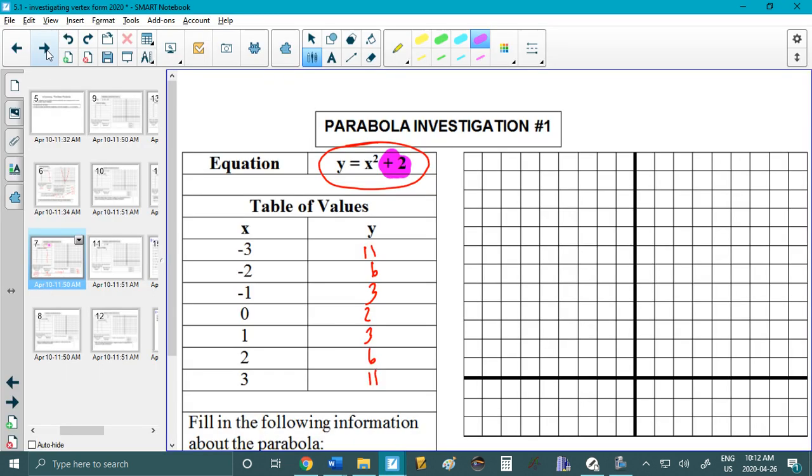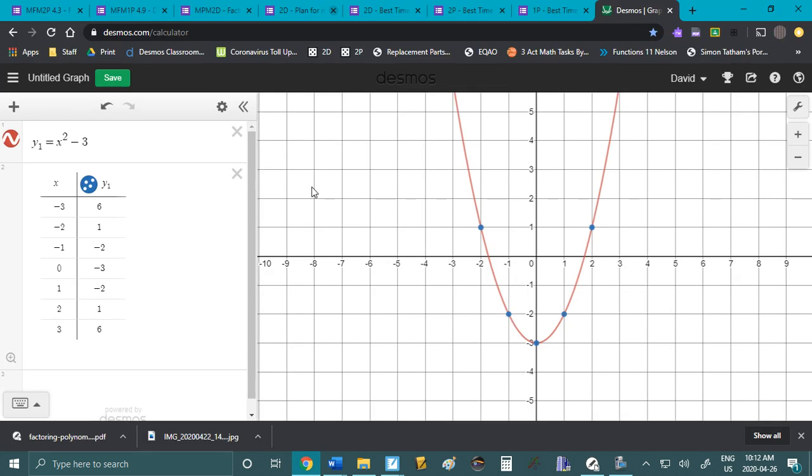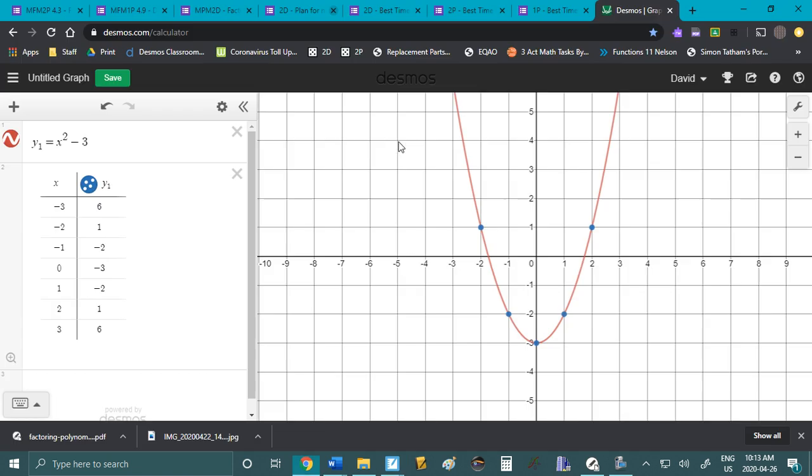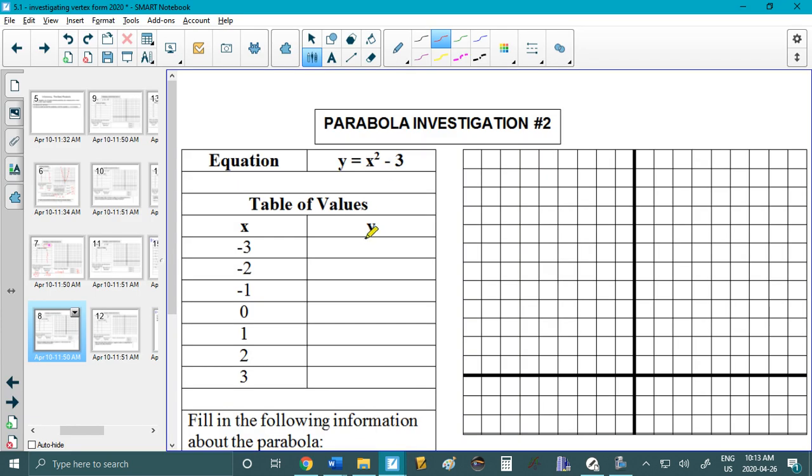Okay, so you probably picked up on the fact that when we made x squared negative 3, this is going to be 6, 1, negative 2, negative 3 is the vertex. And then you're going to notice that these values get flipped on the other side because it's symmetrical around the vertex because of the axis of symmetry, and that's the vertex there.